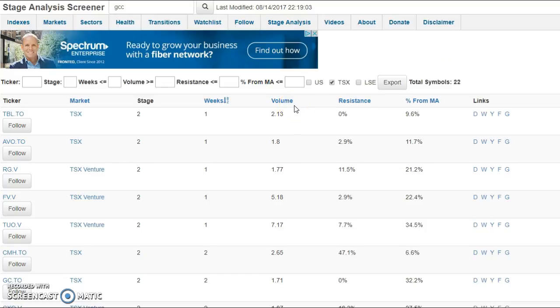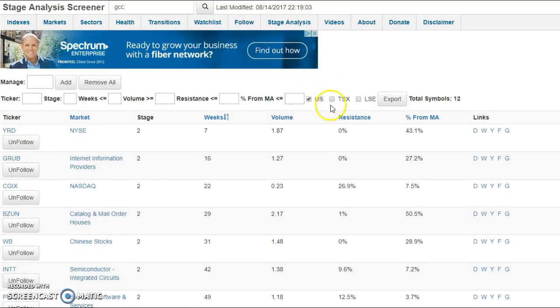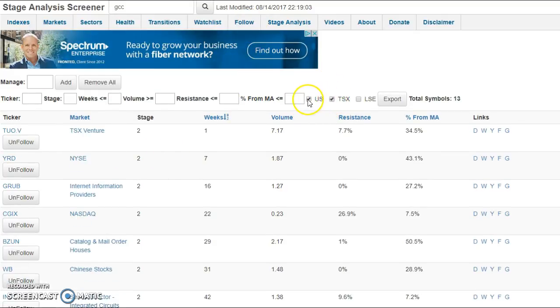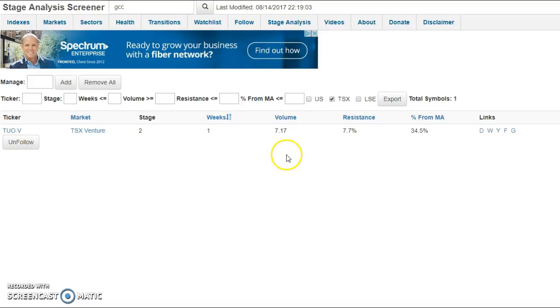And what you really want to do is start to track these stocks, and you can just follow them using the stage analysis screener. And then if you go to the follow page, they'll show up over here. What I like to do is basically keep a list of stocks that I'm either currently trading or that I'm interested in, and see how they act.